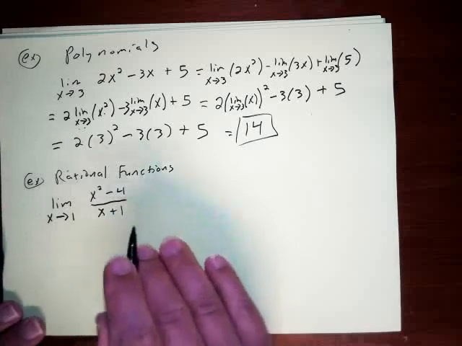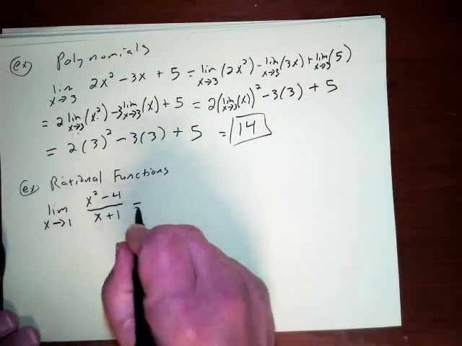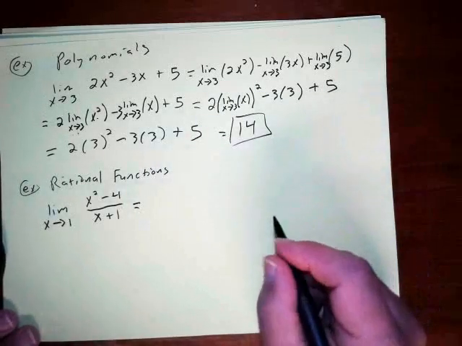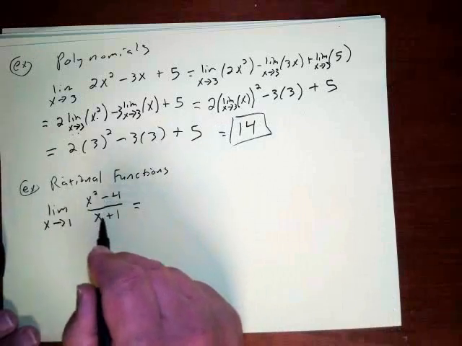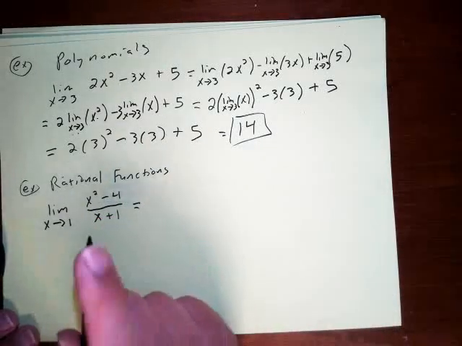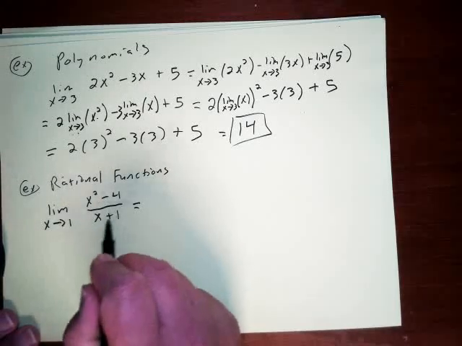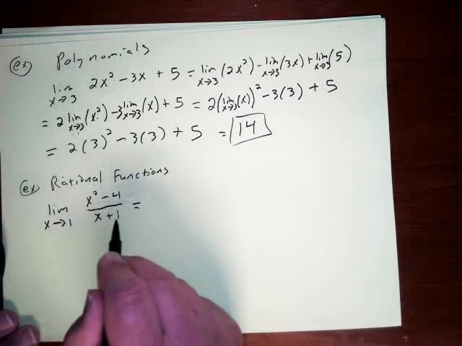This is a rational function here, one polynomial divided by another. So what I can do here is I can use the quotient rule and take the limit of the top divided by the limit of the bottom, provided that the limit of the bottom doesn't equal 0. So if I plug 1 into the bottom, I get 2. I don't get 0.